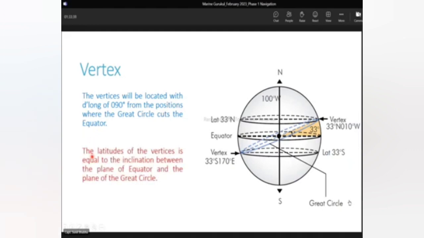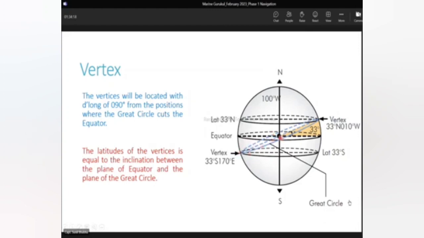The second property: the latitude of the vertex is equal to the inclination between the plane of the equator and the plane of the great circle. Let's understand it from the diagram. The black circle shown by the laser pointer is the equator. We can also visualize the plane of the equator, and we can see the great circle, represented by the blue track.